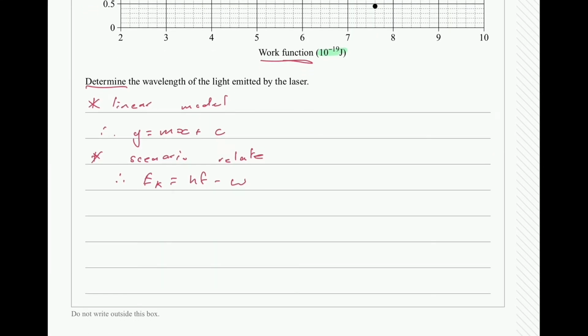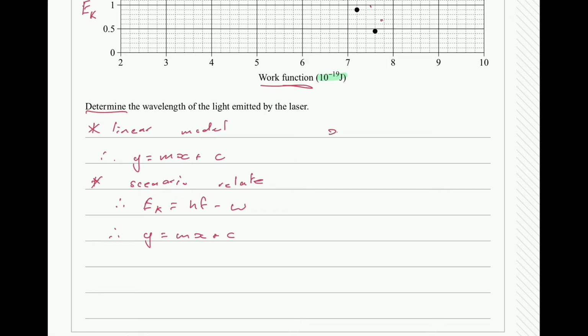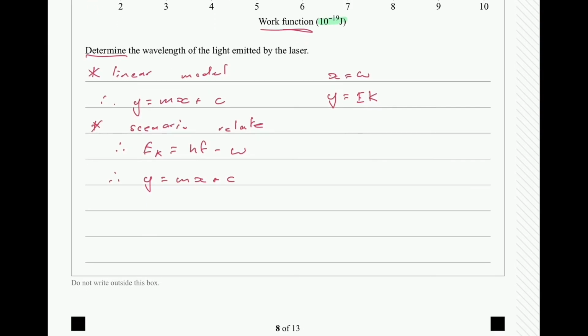What I can try and map up is y equals mx plus c. I might slightly rearrange this because in our case, x is equal to W, our work function over here, and y is equal to our Ek. And so if I was to rewrite it, I'll do it in green now underneath: our Ek, which is our y, is equal to m multiplied by W plus c.